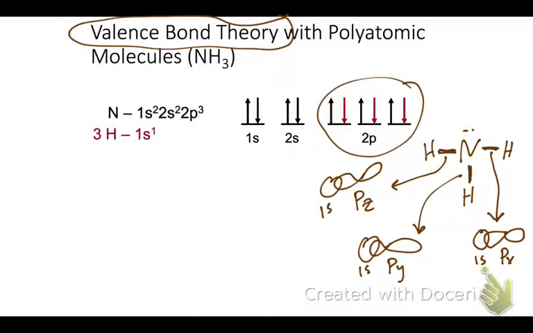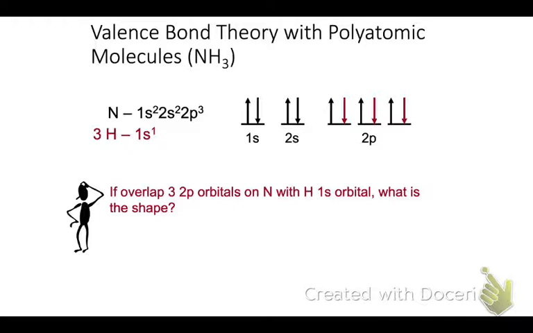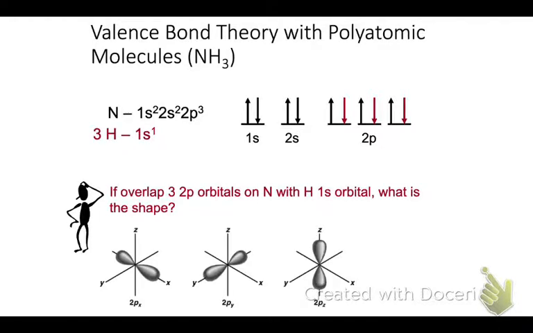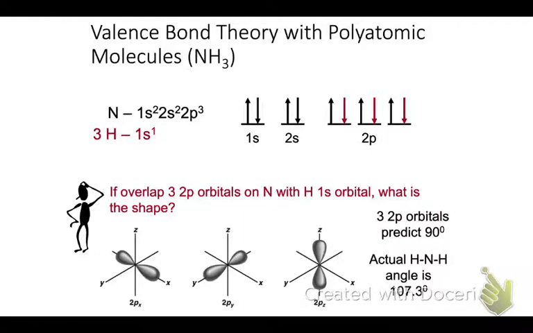If that is the case, then the angle between these 3 bonds should be equivalent to the angles between px, py, and pz. And you know that these are on the 3 axes, x, y, and z, so the angle should have been 90 degrees. However, what we found is that the predicted angle should have been 90 degrees, but the actual one was 107.3.